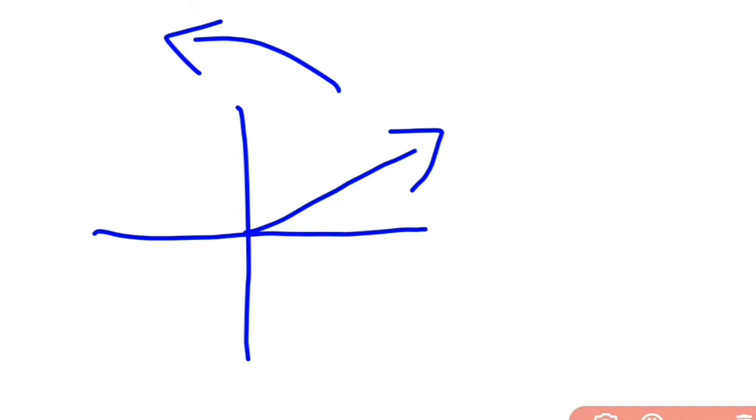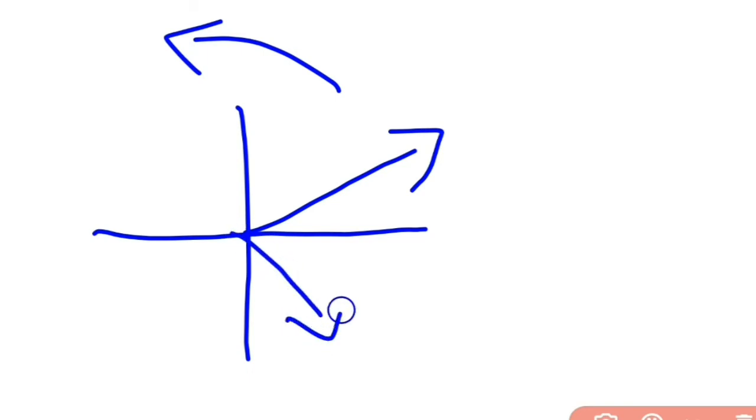So any lag means we have to show the current in the fourth quadrant, below, and the angle by which the current lags is pi by 2. So the angle between the current phasor and the voltage phasor should be 90 degrees or pi by 2 radian.